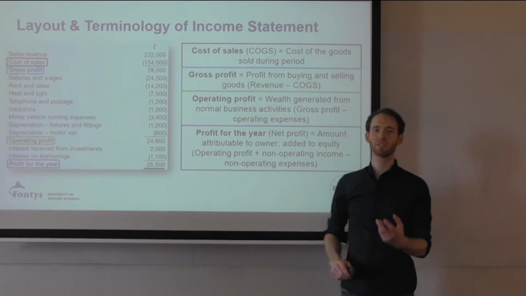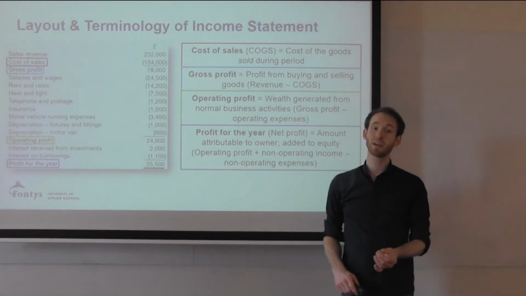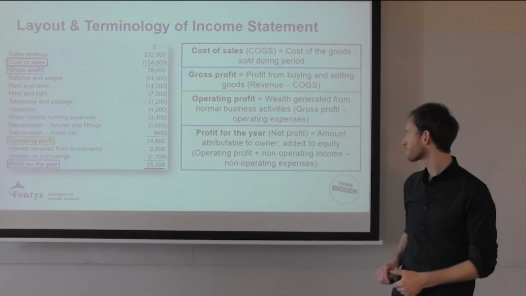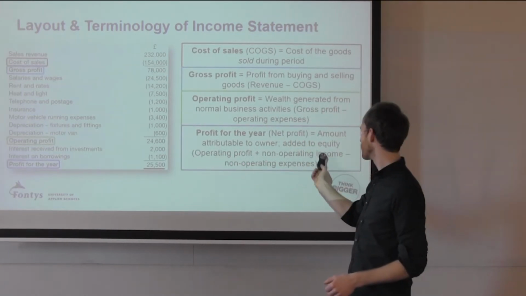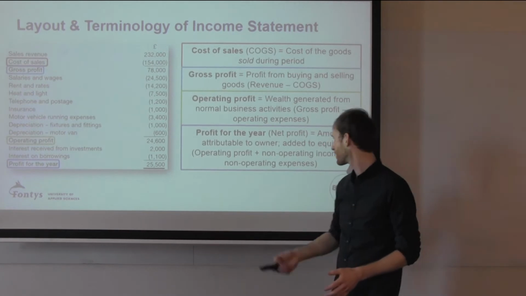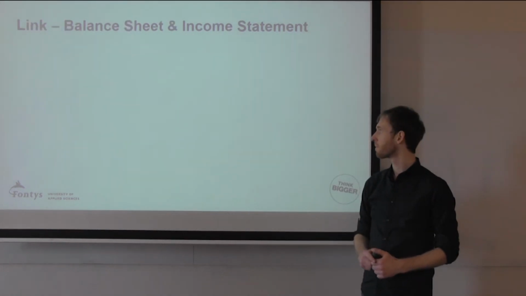So this is added to equity, because as said also before, last week, owner's equity is changed by the amount of profit or loss that you make. So operating profit plus any non-operating income like interest, and minus non-operating expenses, like if you have to pay interest, this leads to the profit for the year.